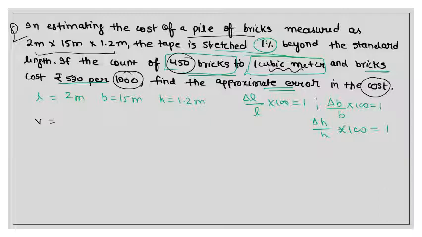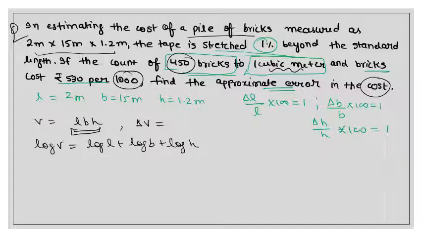So volume is what? For a cuboid, length into breadth into height. Now to get the change, because it is in multiplication, you have to take log. So firstly, log v is equal to log l plus log b plus log h.